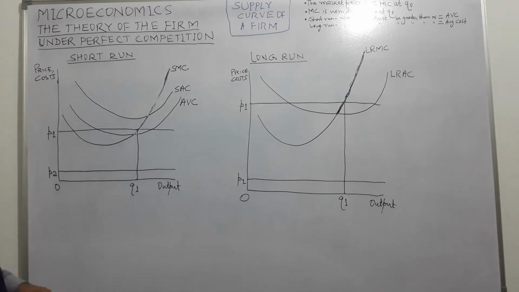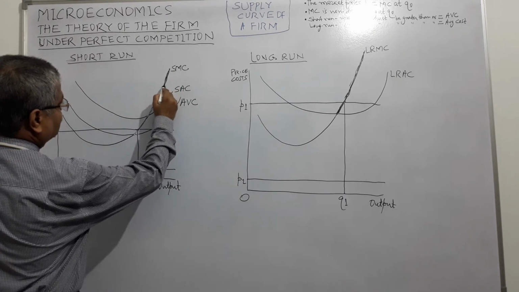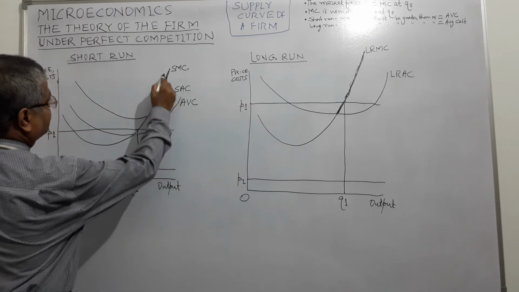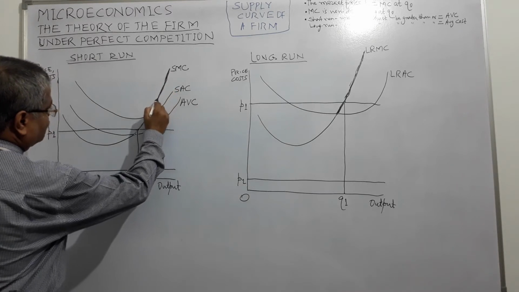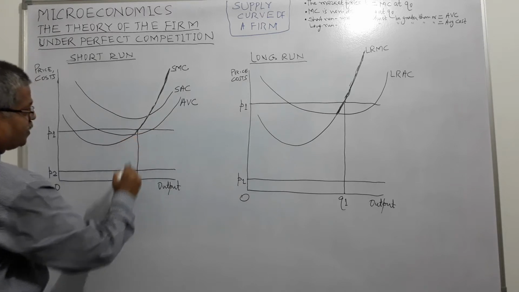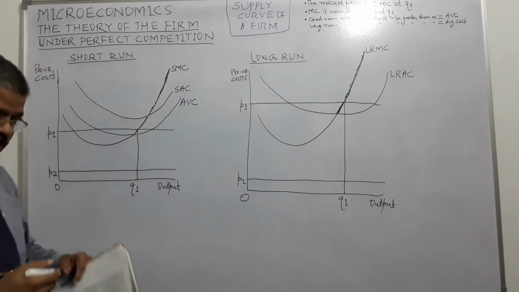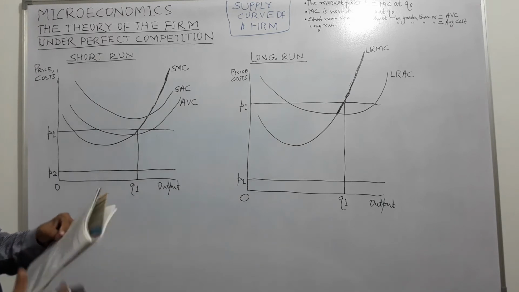Now, how do we know what is the shutdown point, right? When we move down the supply curve, and come to the lowest point of the average variable cost, right?